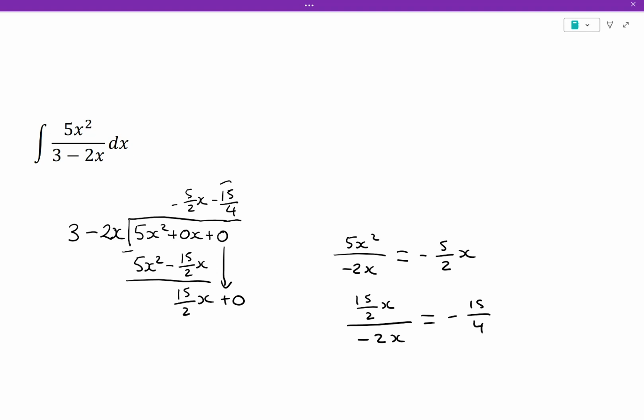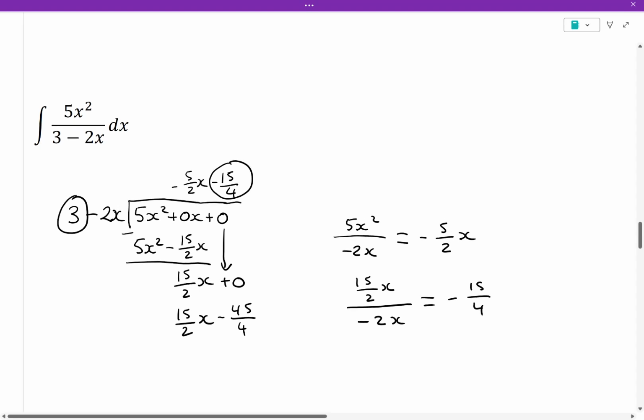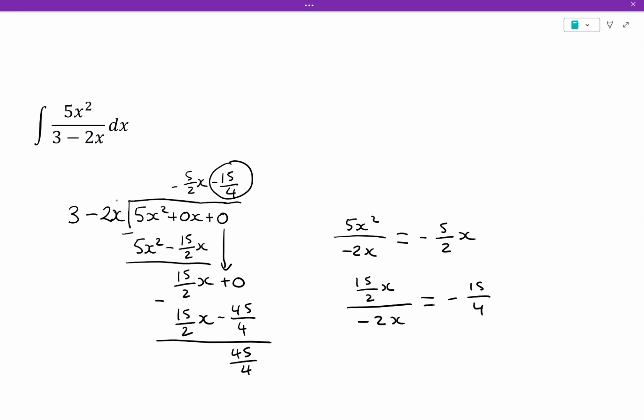Then we're going to do -15 over 4 multiplied by -2x, which should get me back to positive 15 over 2x if I've done things correctly. And -15 over 4 times 3 would give me -45 over 4. Then we're going to subtract to find our remainder. So the 15 over 2x's cancel, and then subtract -45 over 4 gives me positive 45 over 4. Now the power of the 45 over 4 is lower than the -2x, so we're finished with our division.